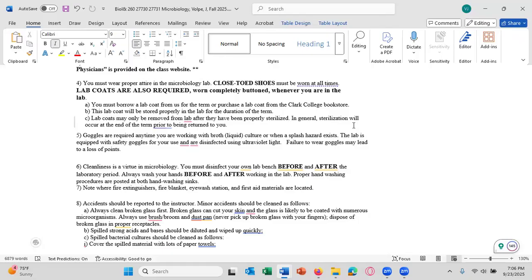And then you take off your gloves, take off your lab coat, go to the sink, wash your hands, dry your hands, and then go to your cubbyhole, grab your things, and leave. Any question about any of that procedure?